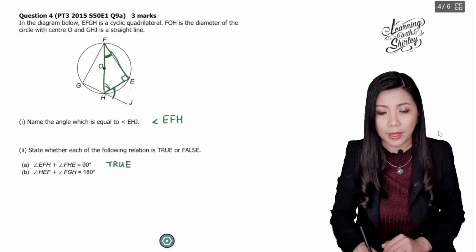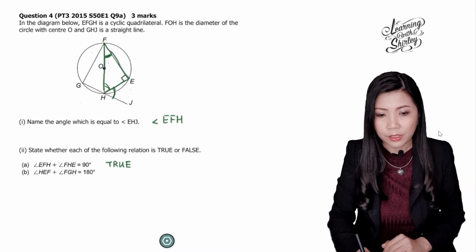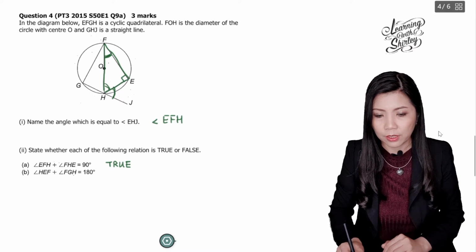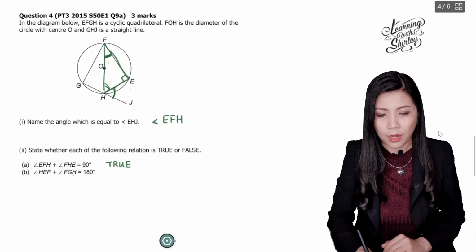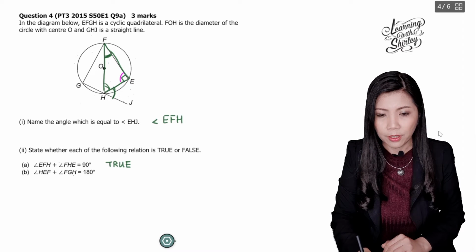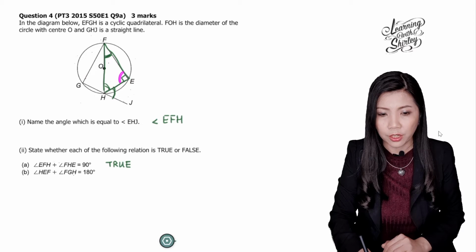Let's try B. Angle HEF, I use another color so that it won't confuse, HEF is over here, plus angle FGH, which is here.